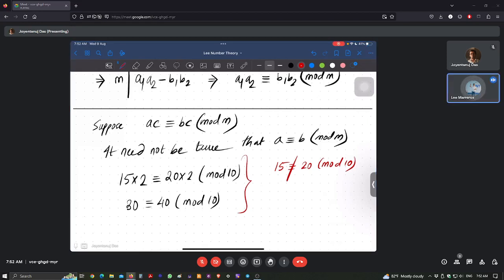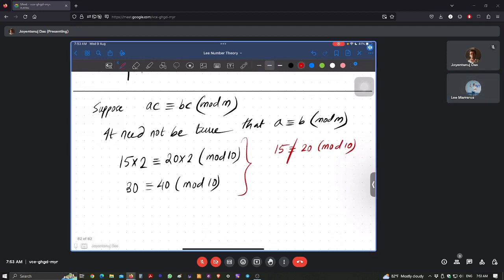But you could divide 10 as well. No, so here you cannot divide it because 15 minus 20 is minus 5. No, I'm saying when you cancel 2, you also divide 10 by 2. No, here we are not saying that.